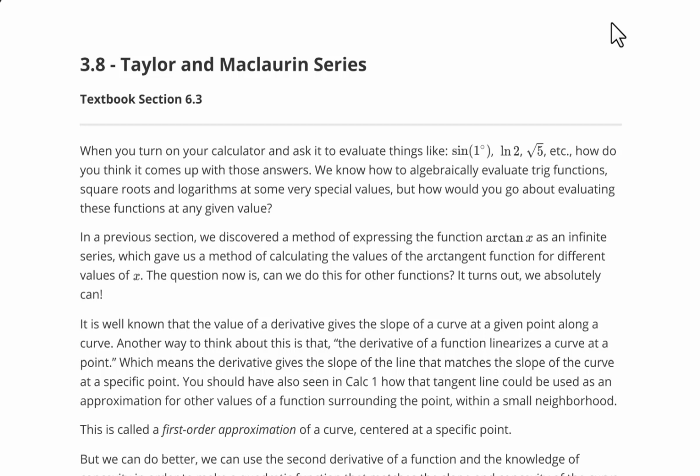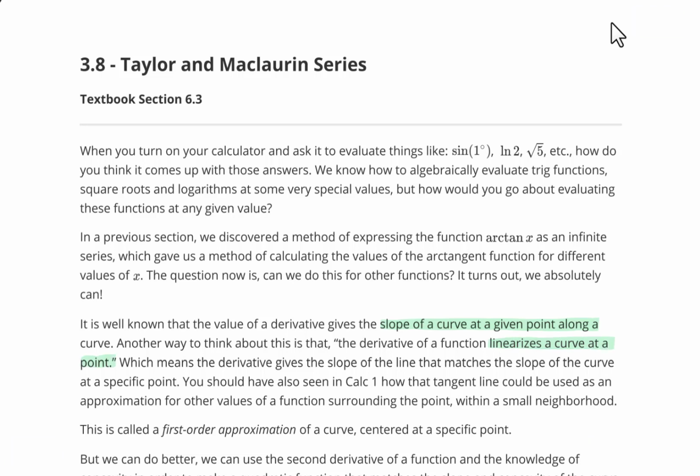So here's what we're going to do. We understand that first, for any function, no matter what kind of function we have, the derivative gives us the slope of a line that best approximates the slope of the curve of that function at that particular point. So in effect, what we say there is that the slope of a curve at a given point linearizes the curve at that point.